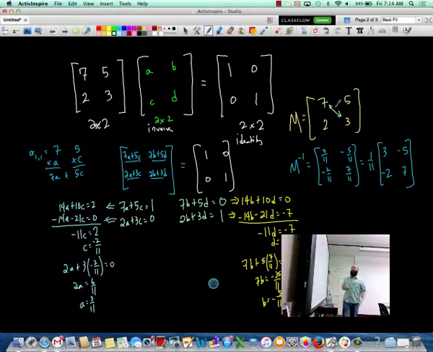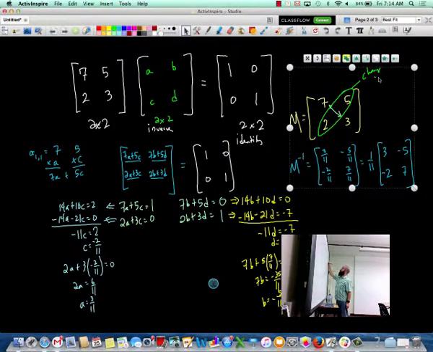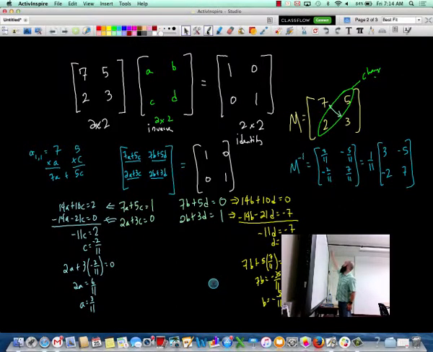And look at the other two numbers, the top right and the bottom left. 5 and 2 became negative 5 and negative 2. They changed sign. And it turns out every single time you're doing one of these 2 by 2 inverses, this happens. The top left and the bottom right numbers switch locations, and the top right and the bottom left numbers change signs.